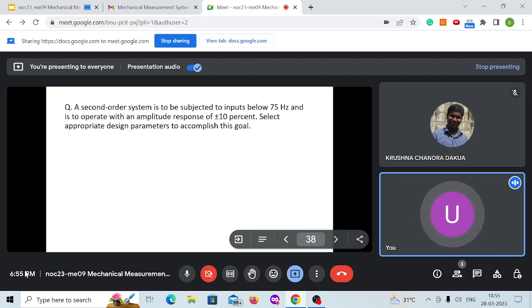The frequency of 75 hertz is given, and the amplitude ratio is also given. Basically we need to find out the time constant, which is the other parameter that has to be known for the system. I'll give you 2-3 minutes to solve.